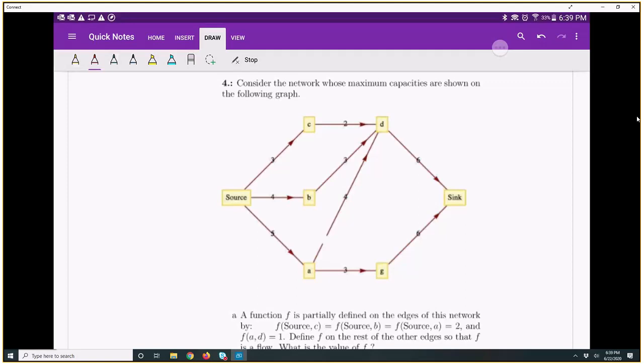The question tells us that a function f is partially defined on the edges of the network by f from source to C equal to f from source to B equal to f from source to A equal to 2. So what does that mean?